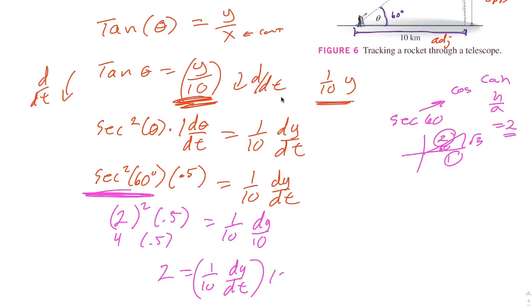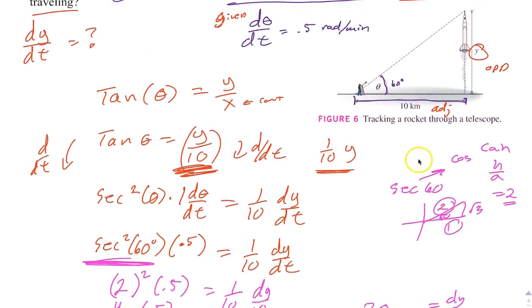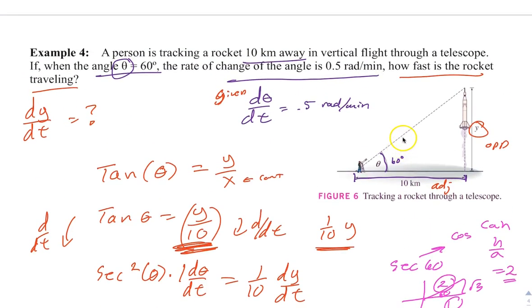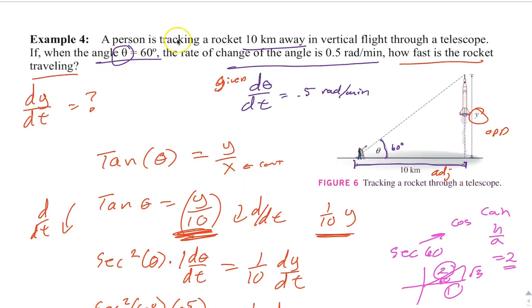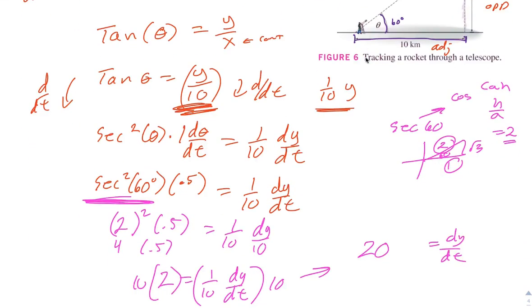Multiply both sides by 10. And I get 20 equals dy dt. Again, units, what is dy? Well, dy is 10 kilometers away, so we're talking about kilometers, so it's going up. So kilometers, and then time is minutes, so kilometers per minute.